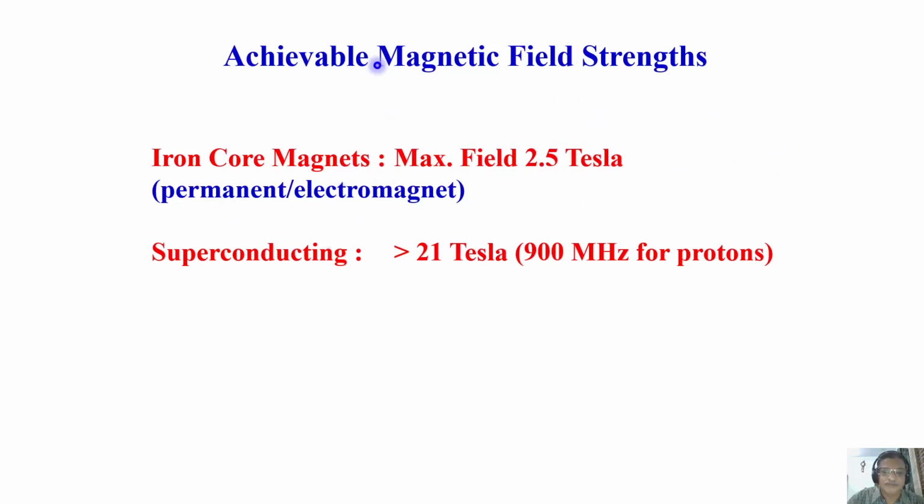Beyond that is not possible. Whereas superconducting magnets have an advantage. You can get a magnetic field beyond 21 Tesla, so that you can even get a 900 megahertz spectrometer. Of course, nowadays even more, 1 gigahertz, 1.1, 1.2 gigahertz spectrometers will come to the market soon.